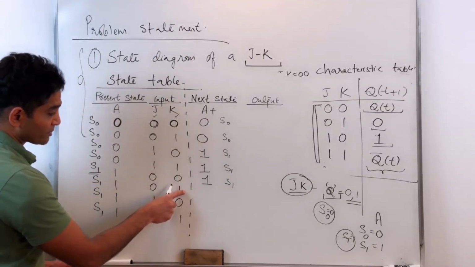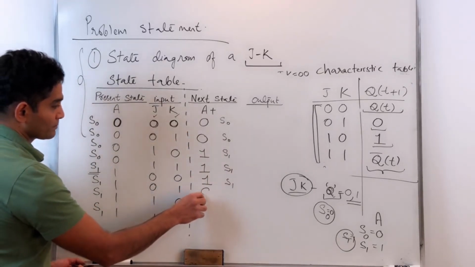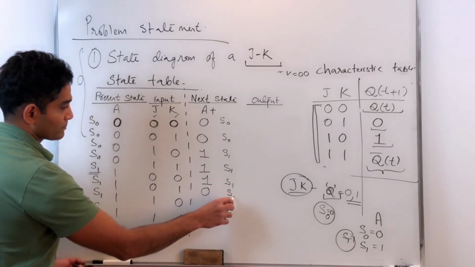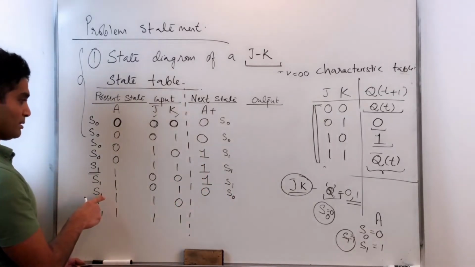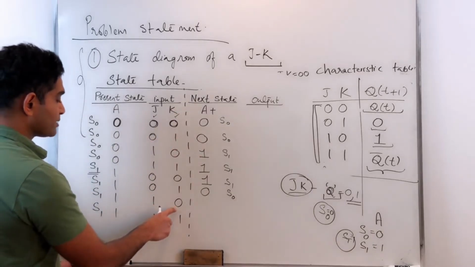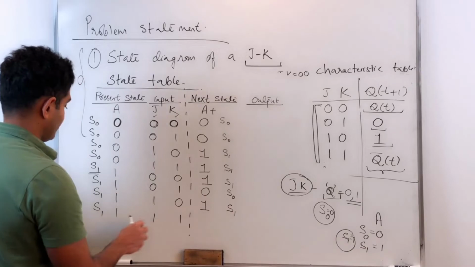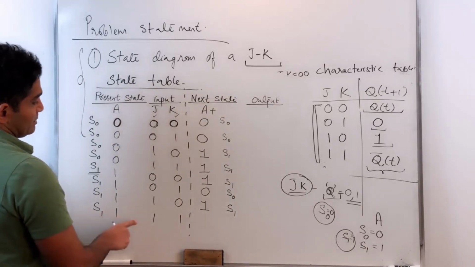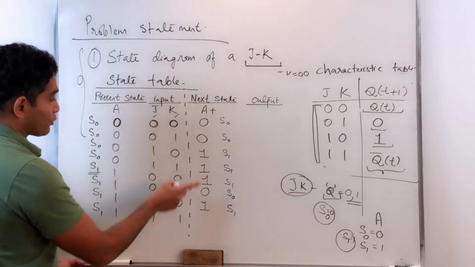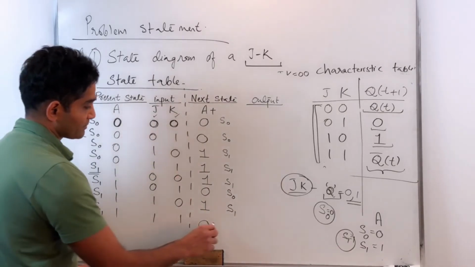My state transition from the state diagram tells me that I go to the 0 state. I'm in S1 state, JK of 1, 0 occurs. I remain in the same state. I'm in S1 state, input of 1, 1 occurs. That toggles me. I go to the S0 state.